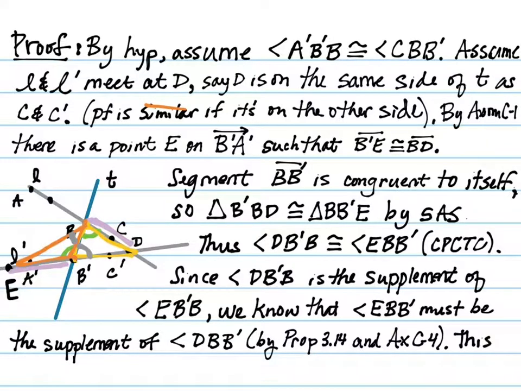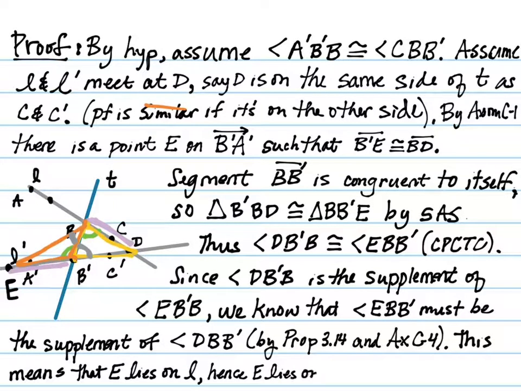This means that E lies on L. Hence, E lies on L and L prime.